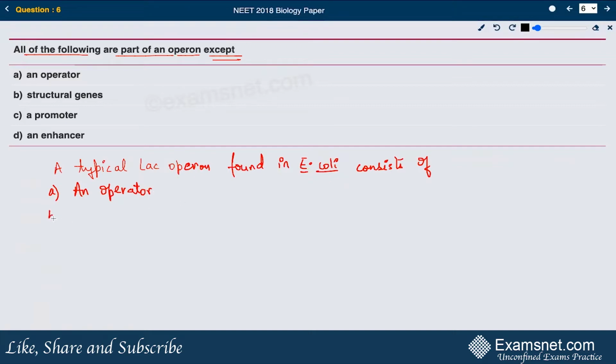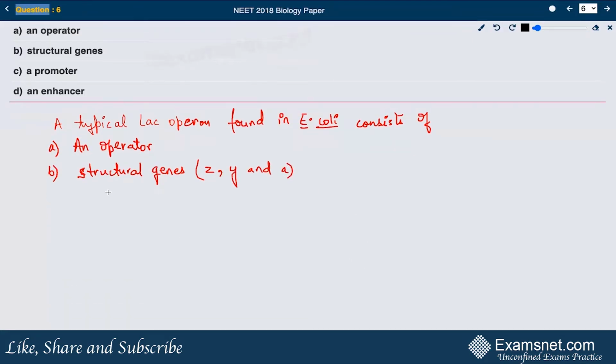All right, so there's an operator. Then there are structural genes which are involved also. And there are 3 structural genes, Z, Y, and A. 3 structural genes are there in the line. And then there is a promoter also, which is present.